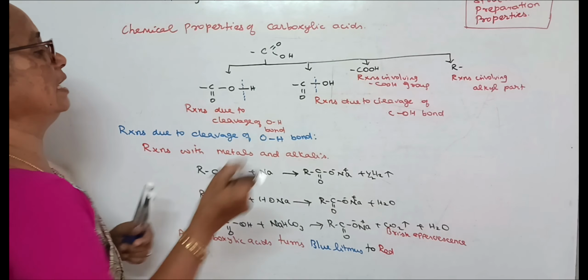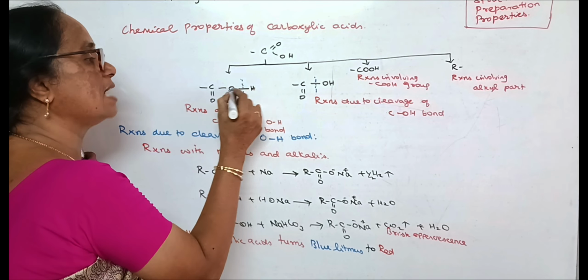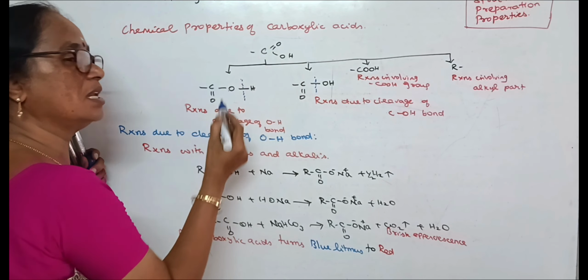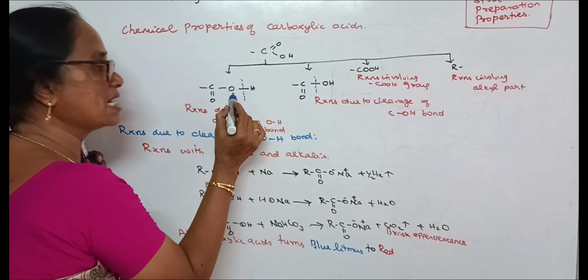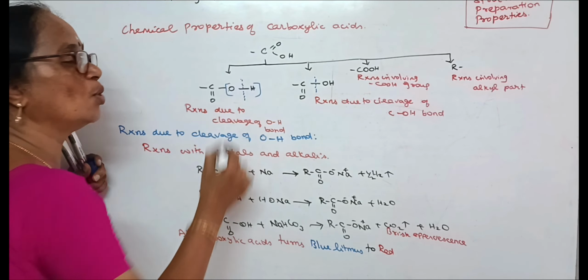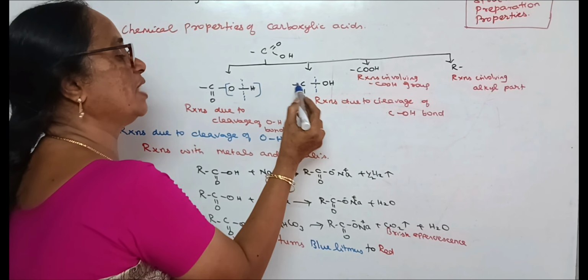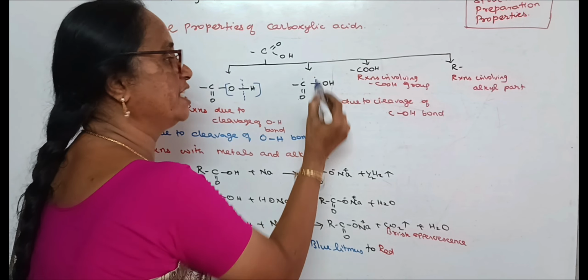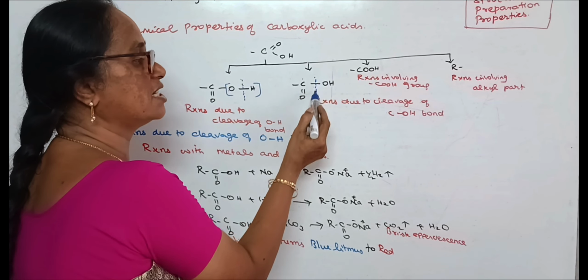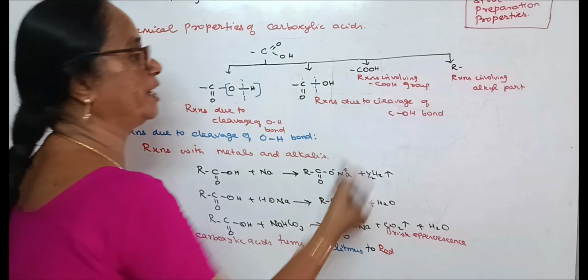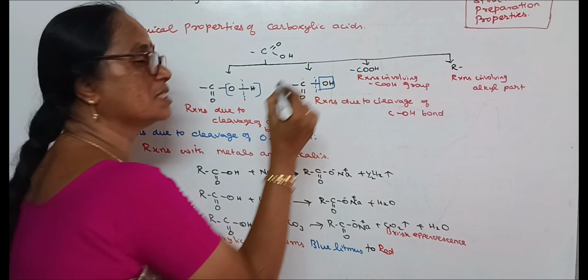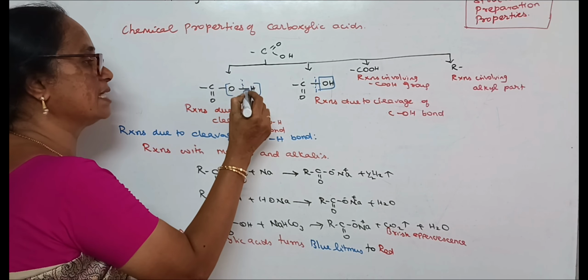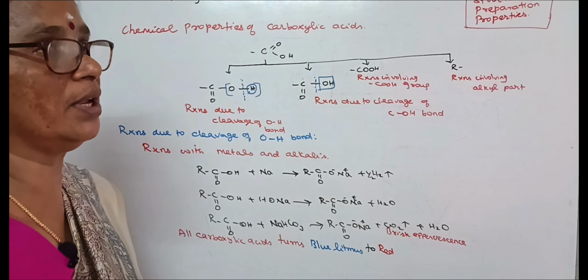Suppose there is the cleavage of the oxygen-hydrogen bond, then carboxylic acid gives rise to the reactions due to cleavage of the OH bond. Or if the cleavage of the C-OH bond takes place, then the reactions are due to cleavage of the C-OH bond, where the OH group becomes the leaving group, and in the previous case the hydrogen becomes the leaving group.